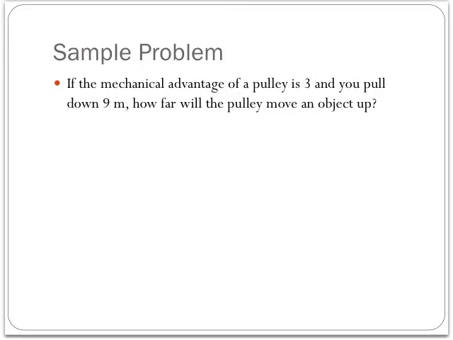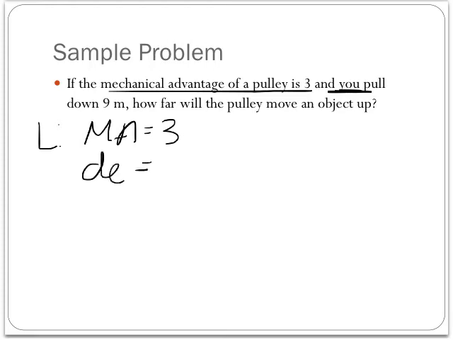Alright. So applying this to a sample problem, if the mechanical advantage of a pulley is 3, so we know MA equals 3, and you pull down 9 meters, so that means your DE is 9 meters. And how far will the pulley move an object up?